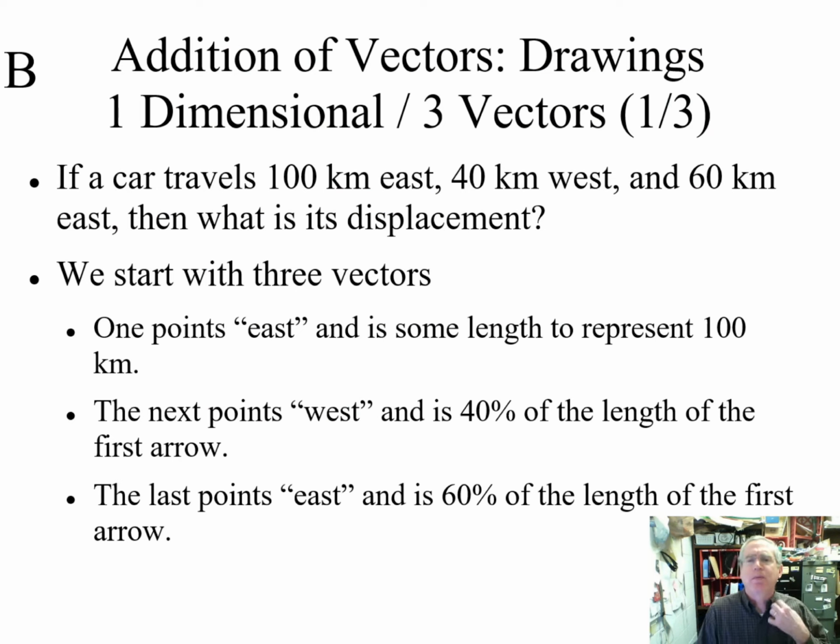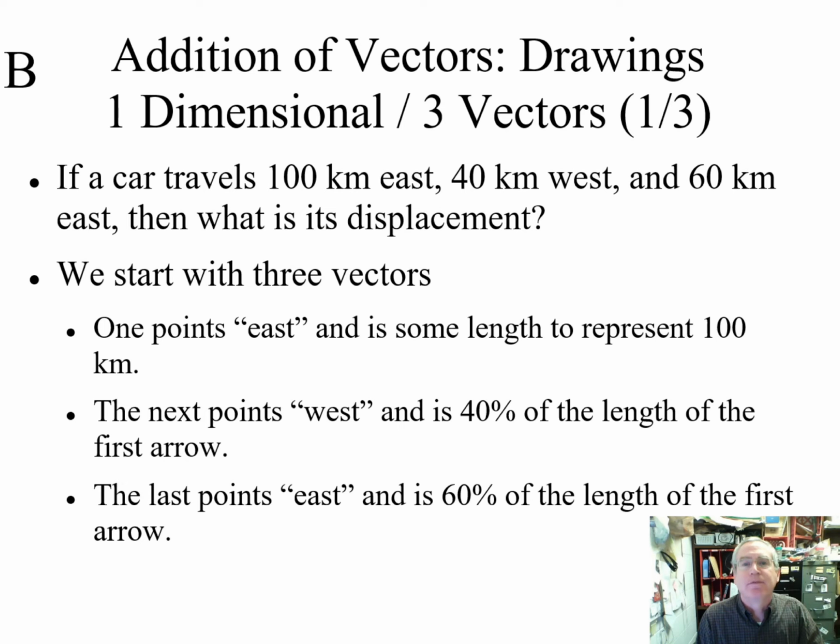So still a one-dimensional problem, so everything is going to be moving basically in this problem east-west. We could pick any particular line, so long as all vectors are going in the same direction or opposite each other, with nothing at some strange angle relative to another one.